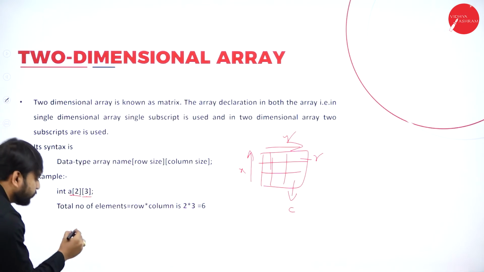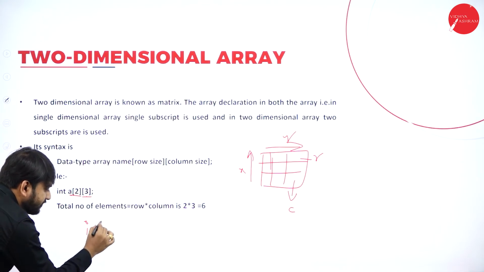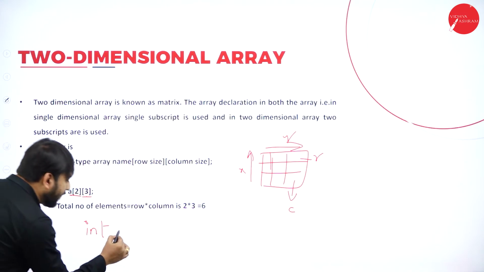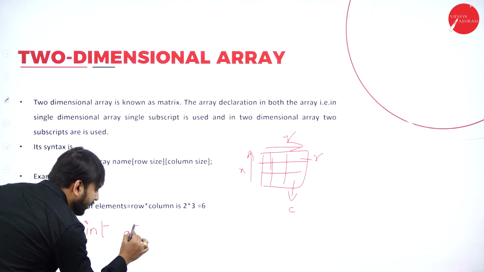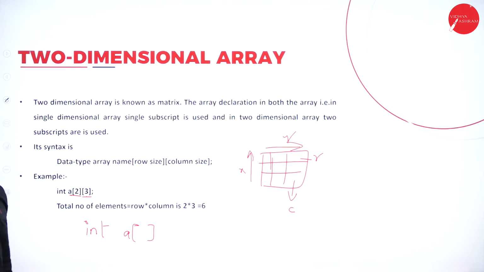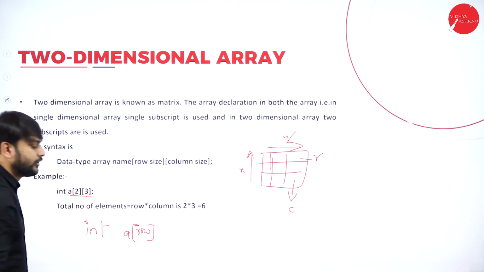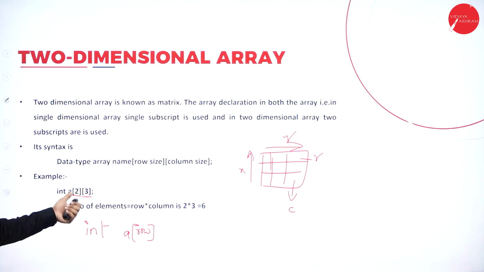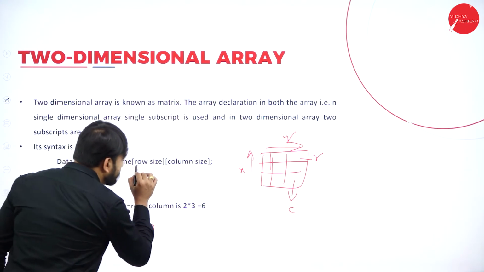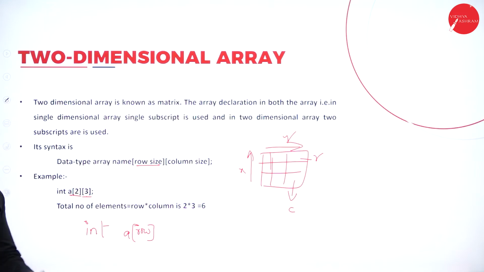So guys, please understand, first I have to write the data type, followed by the name of the array. Then the first subscript you write is the size of the row, the number of rows.